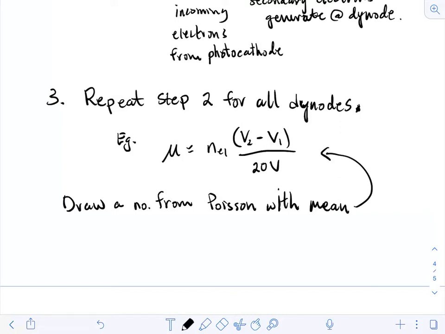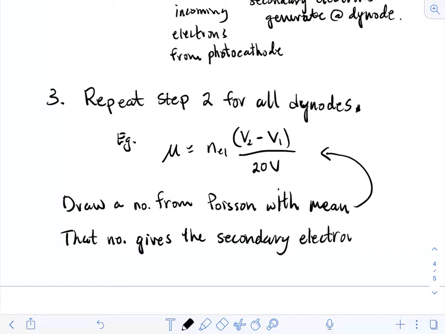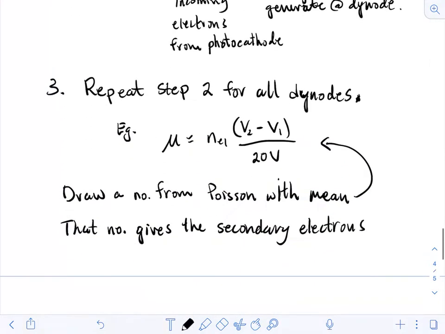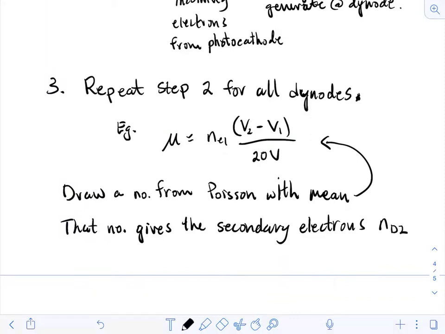And that number represents the number of secondary electrons, which would be ND2, the number of secondary electrons from dynode 2.